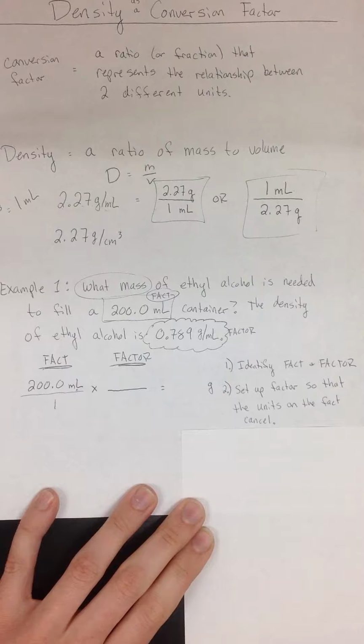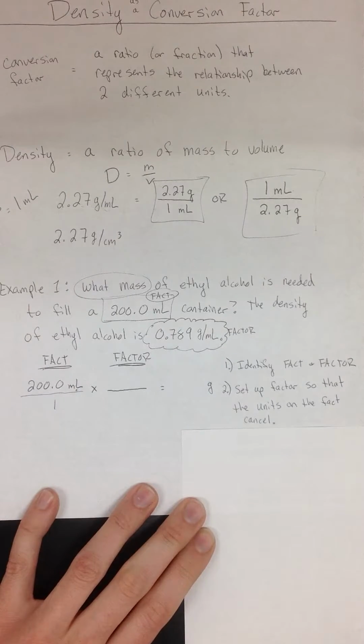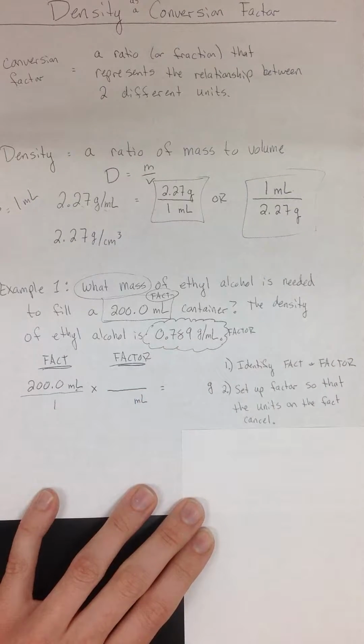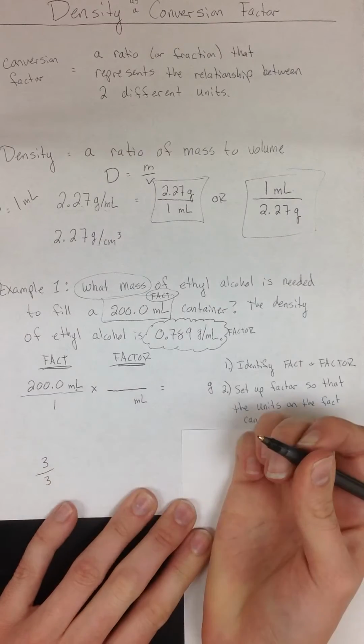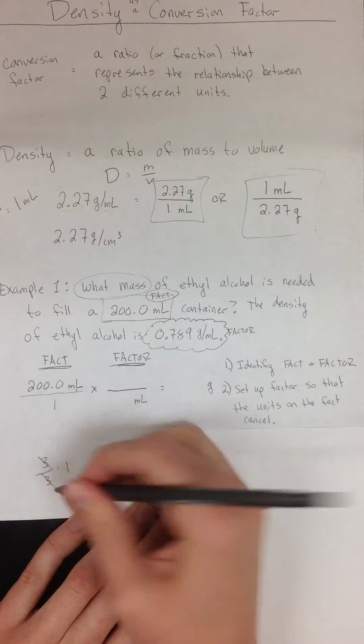It doesn't change my number because anything over 1 is the same. Right now my milliliters is on the top. I want to cancel that, so I would put it on the bottom. Similar to any type of fraction, if I have a 3 on top and a 3 on the bottom, that reduces down to 1, so they would cancel out.